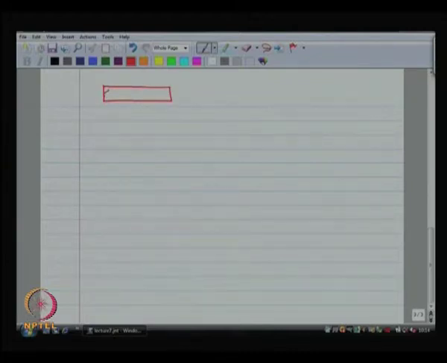A track made out of a material which has resistivity rho. I am drawing the top view here. The side view is like this.